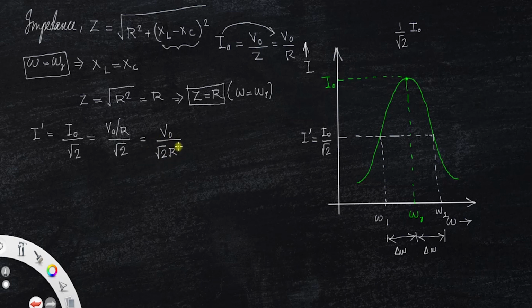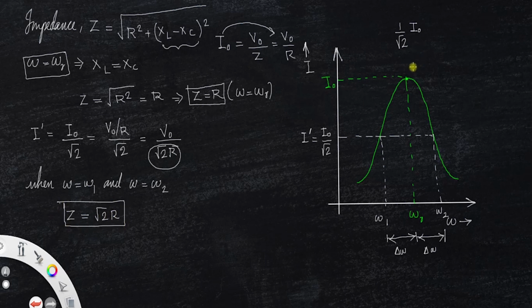Whatever comes in the denominator, that is voltage divided by this value, will be the impedance. So when omega equal to omega 1 and omega equal to omega 2, we have the impedance Z equal to root 2 times R. Clear?